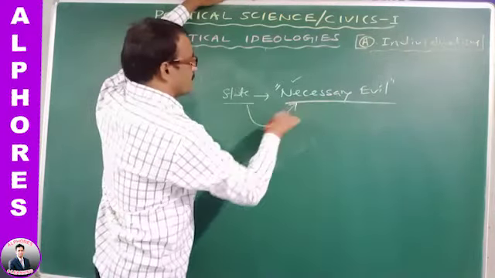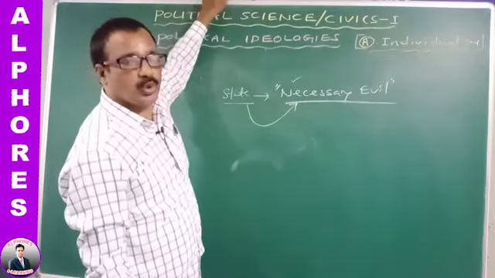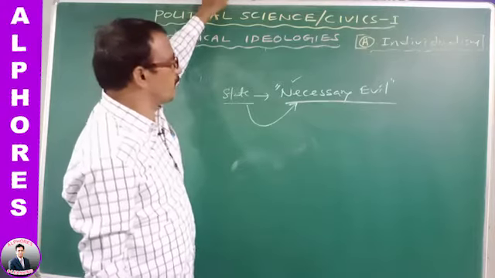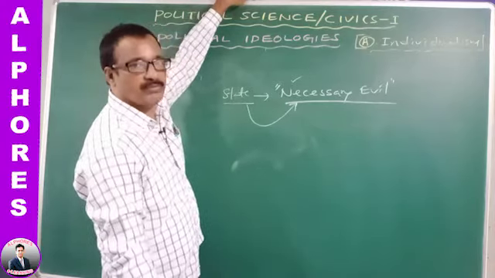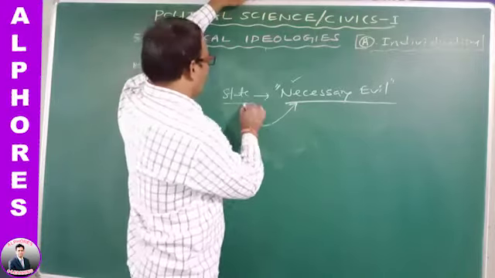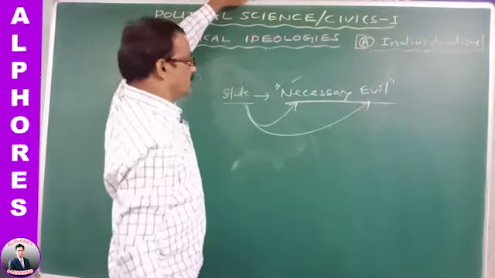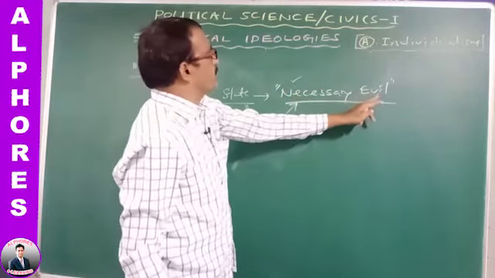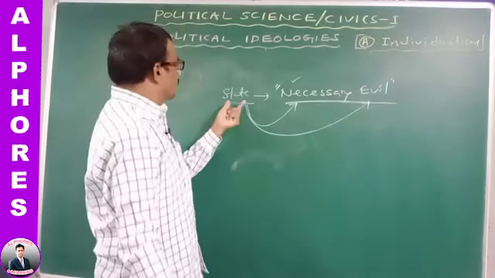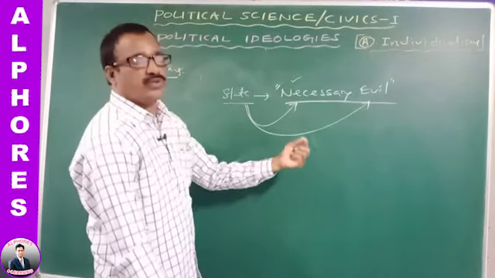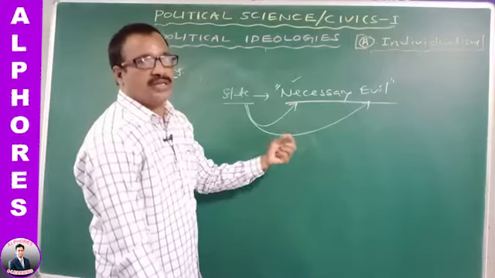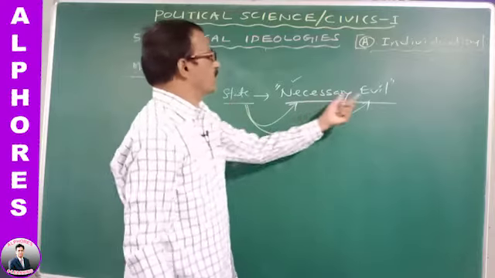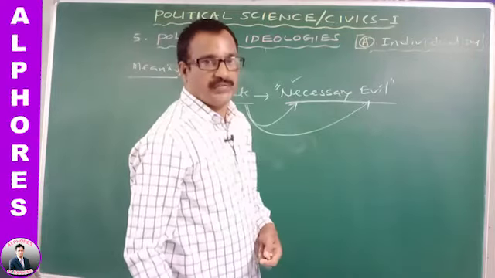The state is necessary to protect the life and property of the individuals from others. It is also an evil institution, because the state will interfere in the life of the individuals through laws. The laws will curtail the liberty of the individuals. Hence, the state is an evil institution.